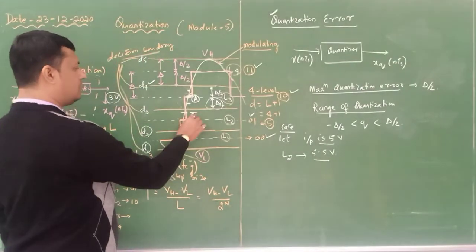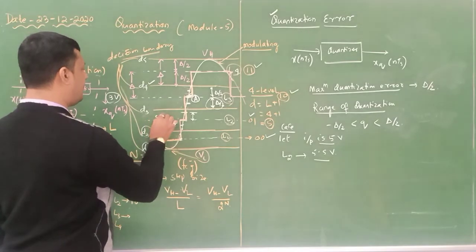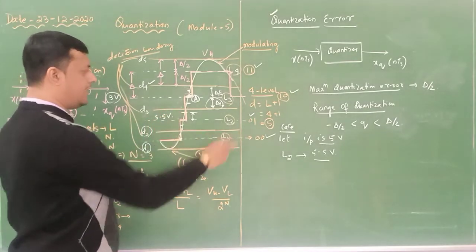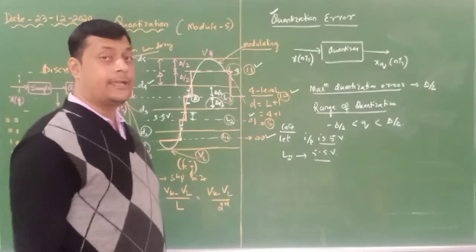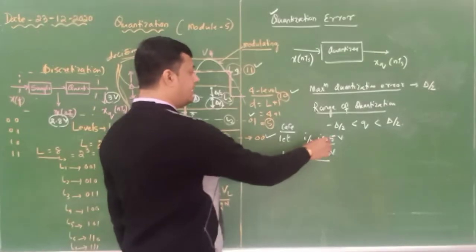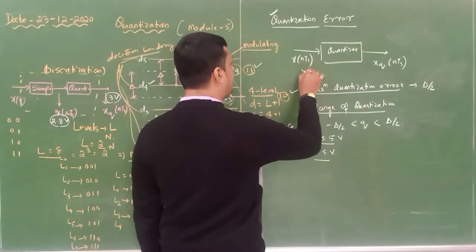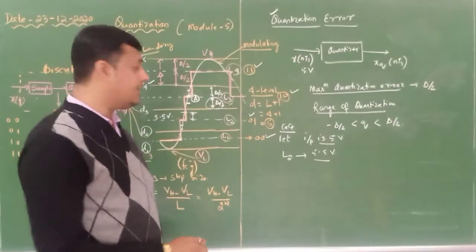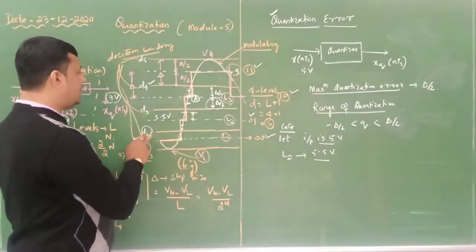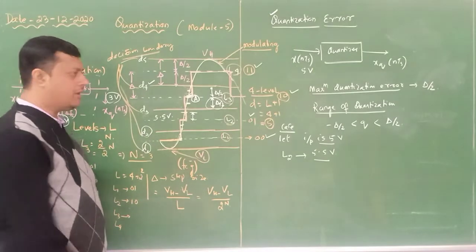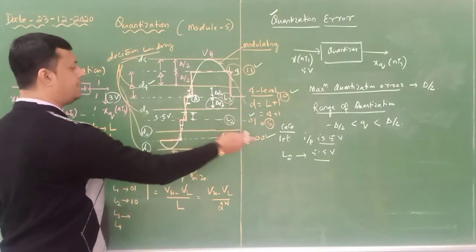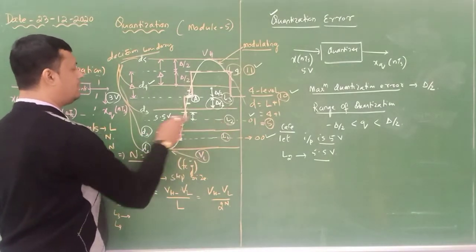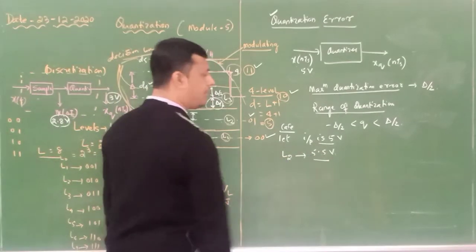So L2 is around 5.5 volt as it is given, and the input potential is 5 volt, and it falls in the decision boundary D2 and D3, because here it is given that level 2 has a potential of 5.5.